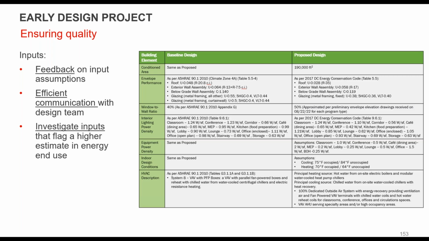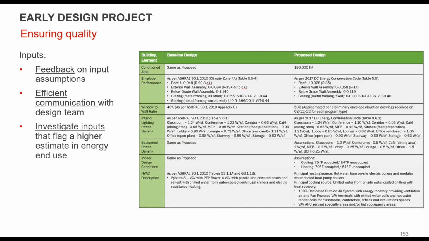So on an early design project, one of the things we're trying to do is ensure quality, and one of the things you are looking at is what the inputs are, and trying to confirm with the relevant members of the team: is this what you meant in terms of building envelope? Is this what you meant in terms of systems and equipment? What are you designing to? So effective and efficient communication with the design team becomes critical.